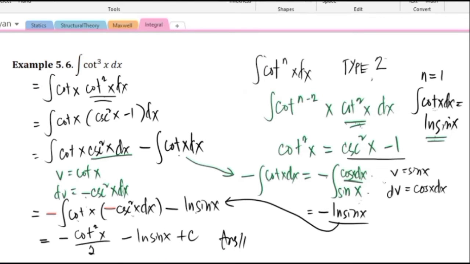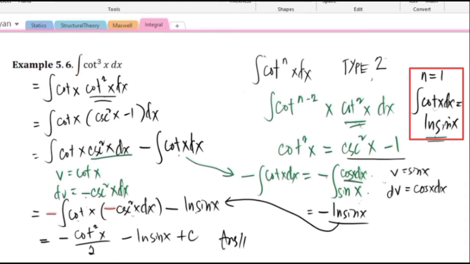Sorry about this part kasi hindi na-capture ng screen recorder yung solution natin. So, i-discuss ko na lang kung paano nangyari itong solution na to. So, since this is type 2, so if n is equal to 1, the integral of cotangent x dx is just equal to ln sine x.